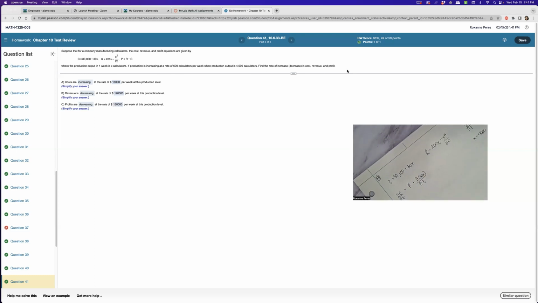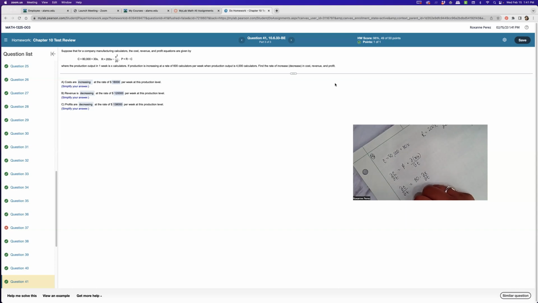Okay, so I'm going to pull this 30 out. So the derivative of cost with respect to time is equal to 30 times the change in the rate of production. Okay, so we have this value, the rate of change of production.